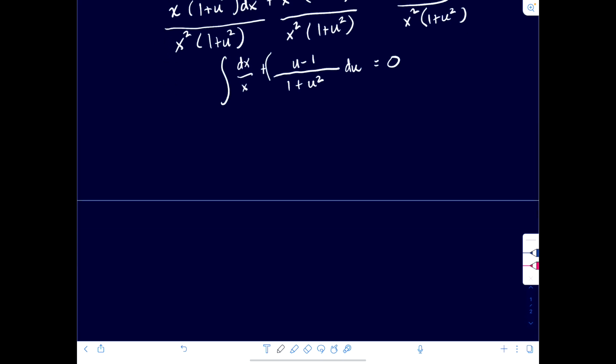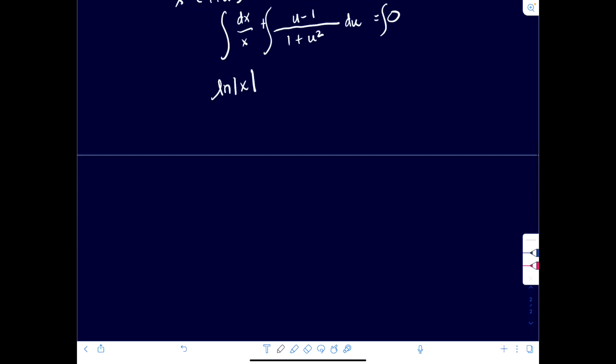So integrating, this would be natural log absolute x, that's the easier one.